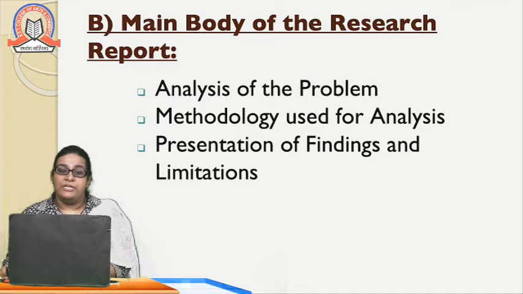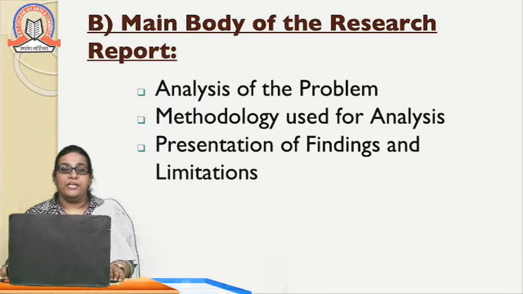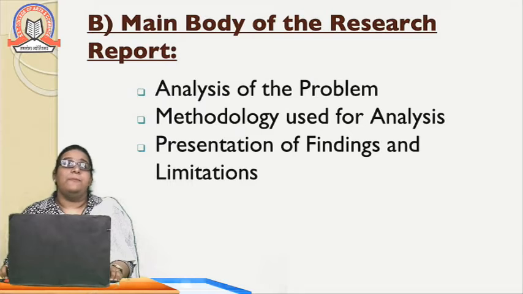Then the methodology used for analysis, the different statistical methods for analyzing the data. And presentation of findings and limitations. What findings did we get on conducting our research? For example, customers are dissatisfied because they find our product very expensive or the packaging is not proper. So we will get the reasons and findings, and they will be included in the main body of the research report.